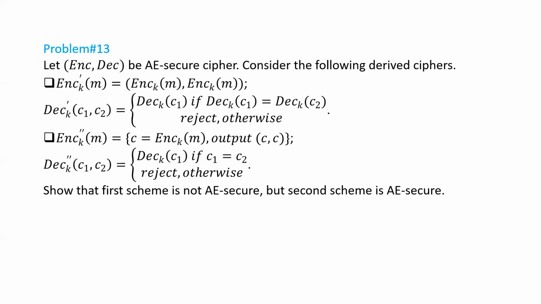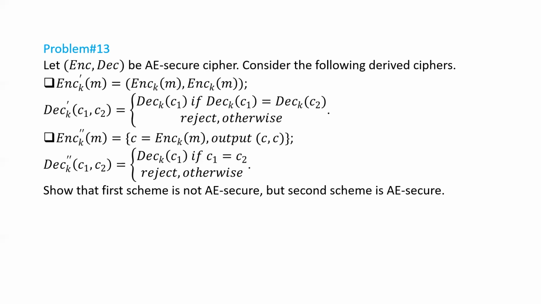And whenever it queries the decryption oracle, even if it changes the decryption query to some C comma C dash by changing the second half of the challenge ciphertext, let's say, then it gets rejected immediately by the decryption oracle because C is not equal to C dash.